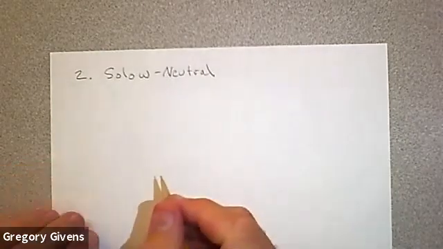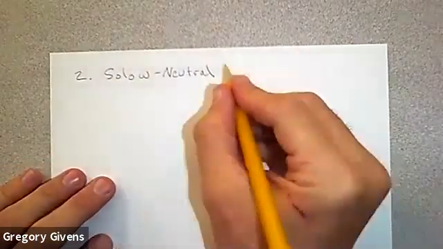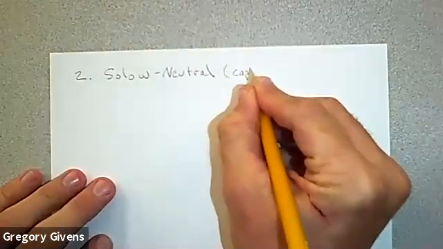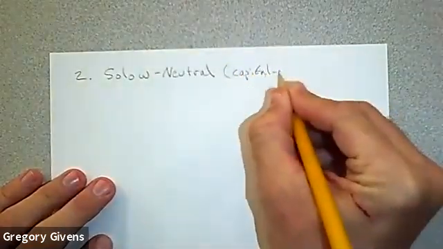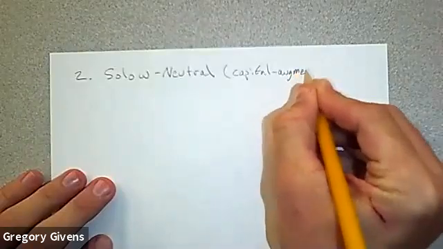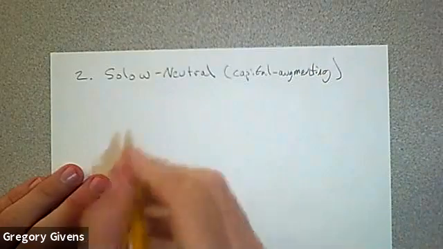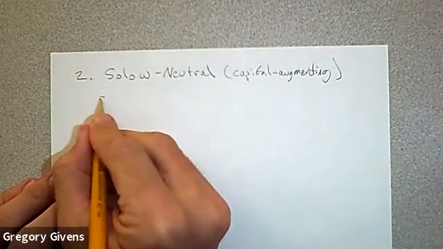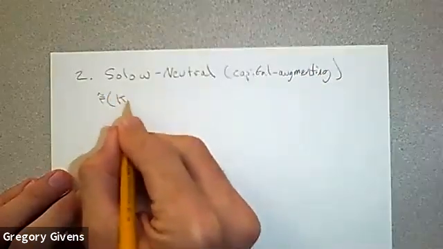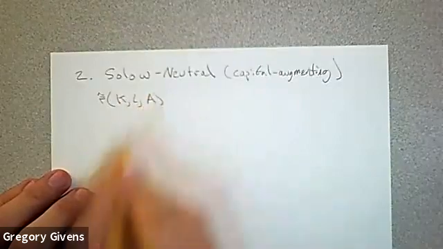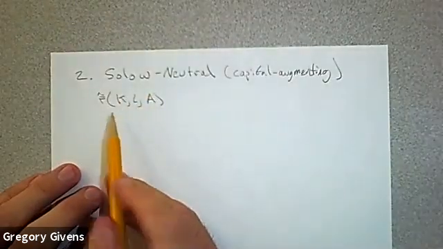Solow neutral technology is sometimes referred to as capital augmenting. It looks a little different. Imagine you have a production function, again, F tilde, that's a function of capital, labor, and technology, where it's constant returns to scale in K and L.